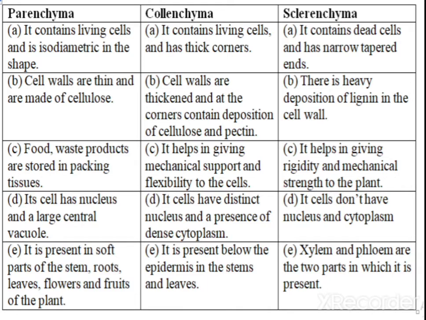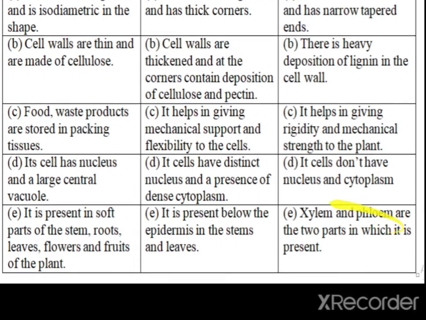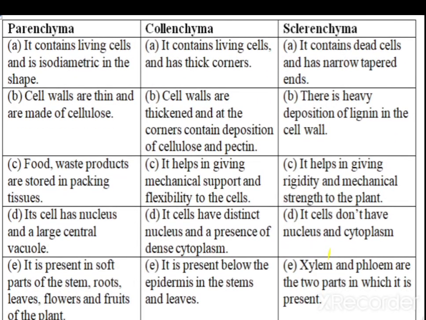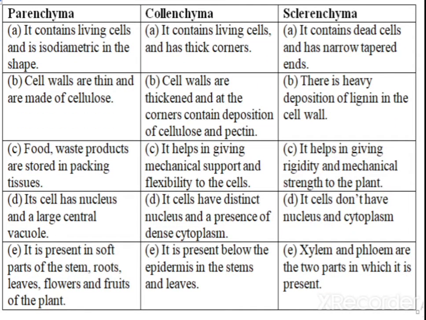In collenchyma, they have a distinct nucleus and dense cytoplasm. In sclerenchyma, the cells do not have nucleus or cytoplasm because they are all dead cells.